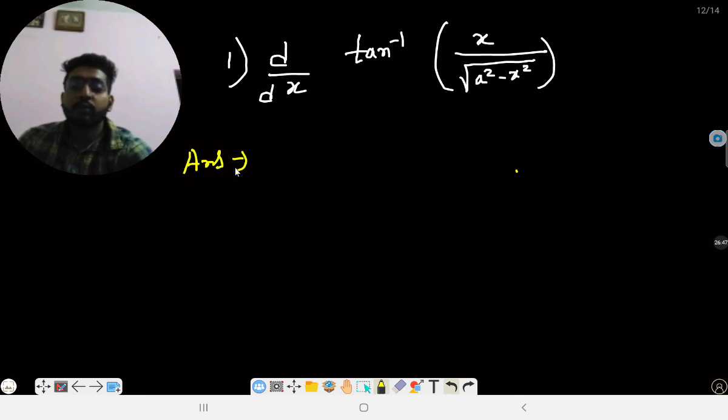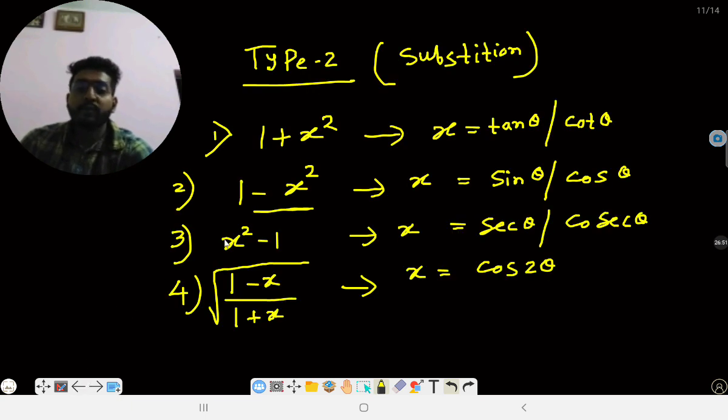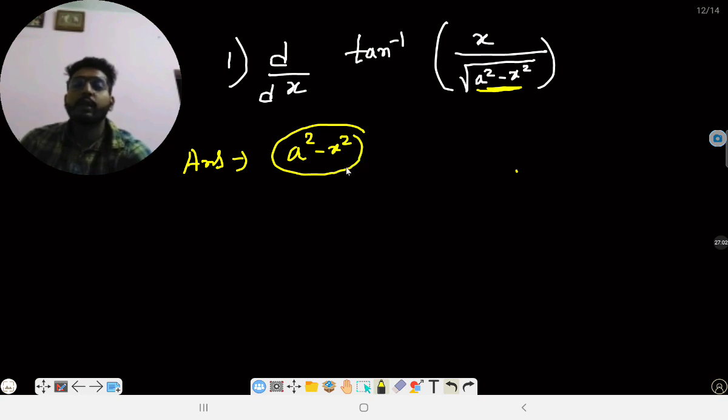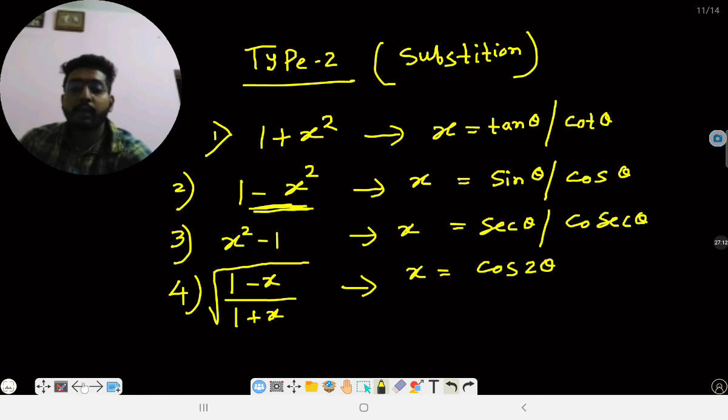Look here, this is a square minus x square. If it were 1 minus x square, we would have taken x equals sine theta.